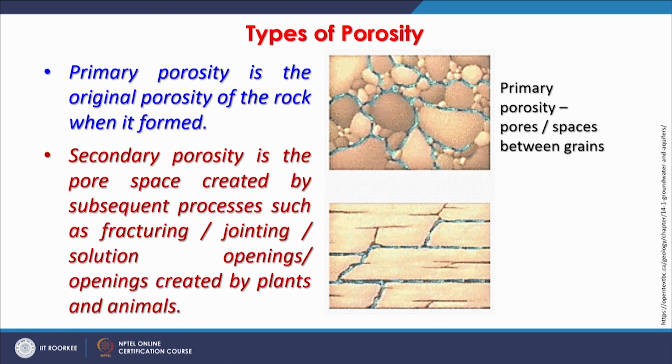Secondary porosity, however, is the pore spaces created by subsequent processes such as fracturing, jointing, solution opening, that means weathering, and openings created by plants and minerals. Those kinds of things can create secondary porosity, and in many old igneous and sedimentary rocks, one can always find secondary porosity, sometimes to a good or larger extent.